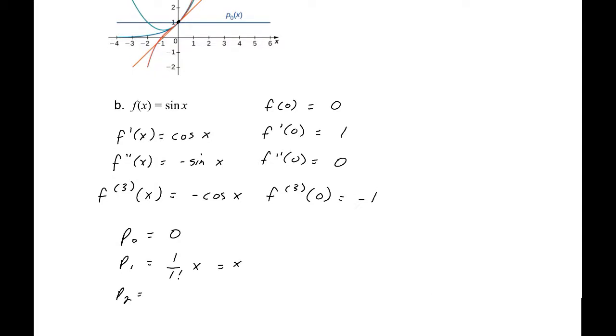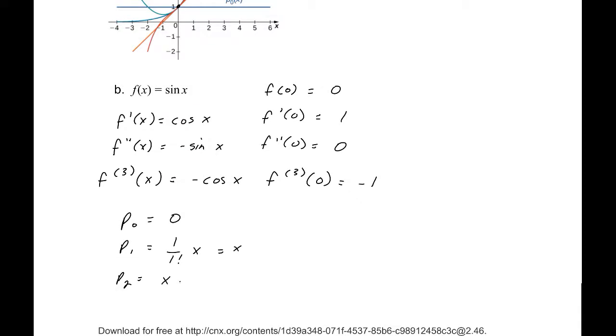Our second Taylor polynomial is going to be x plus 0 over 2 factorial times x squared, which is still going to be x. Our third Taylor polynomial is x plus, and we will have negative 1, so we'll have a minus there. We know we'll have an x cubed. We'll have a 1 over 3 factorial.